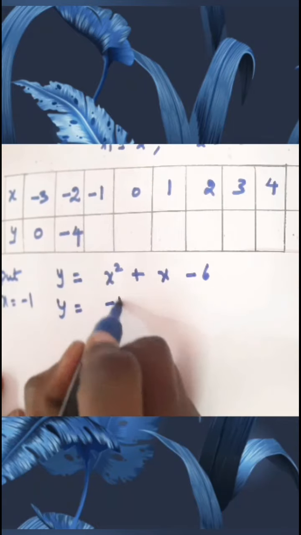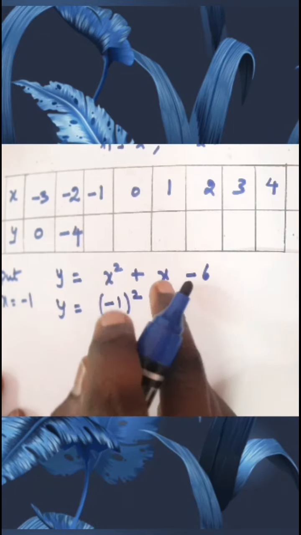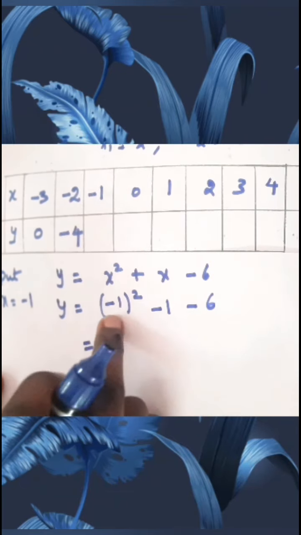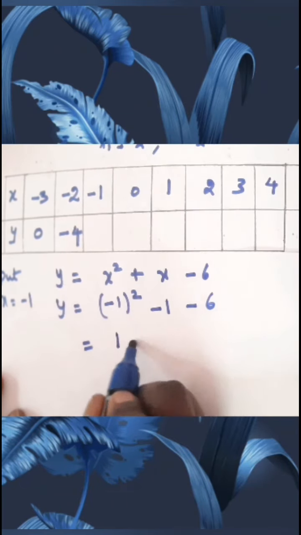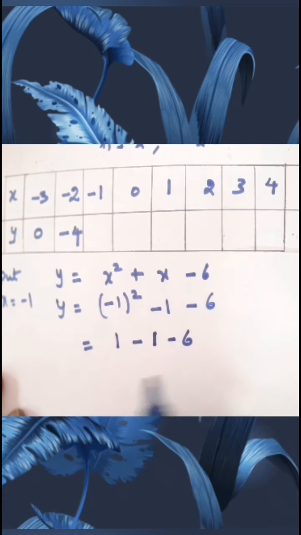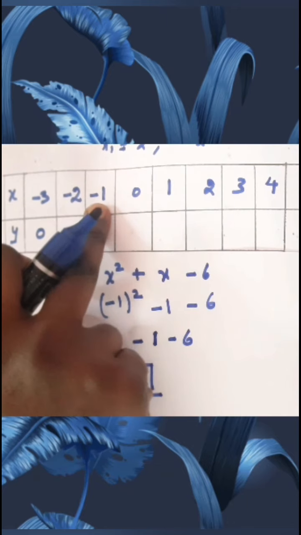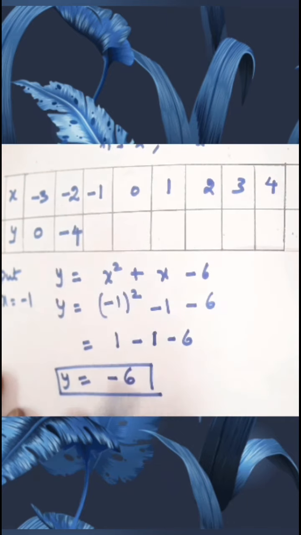Negative 1 the whole square. So in place of x, I'm going to put minus 1, minus 6, which is minus 1 the whole square will be positive 1, minus 1, minus 6. Okay, 1 minus 1 will become 0. So it is negative 6. So when x is negative 1, what is the y value we got? Negative 6.